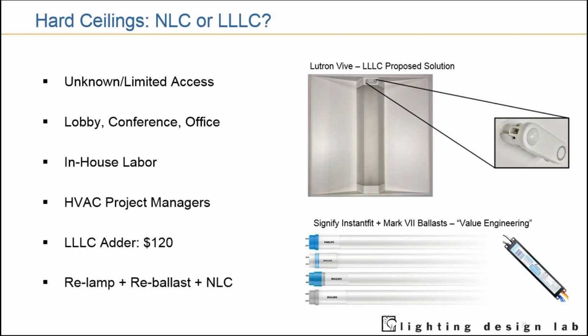However, when we asked for a quote, we saw that to add the LLC module, there was going to be a $120 adder to the cost of the fixture, which understandably is rather high, but 3 years ago it was a very emerging technology, and the OEM partnerships that were being formed were just very new.